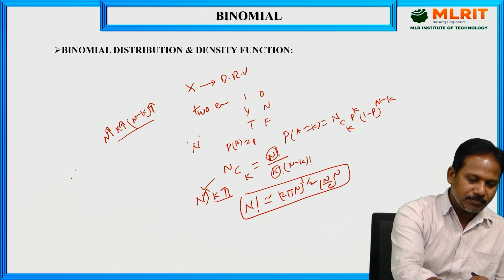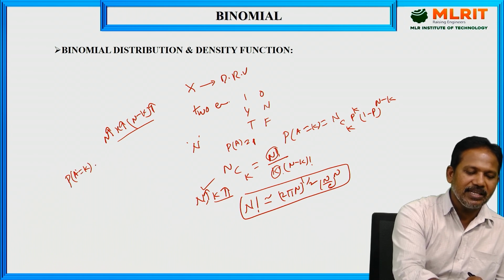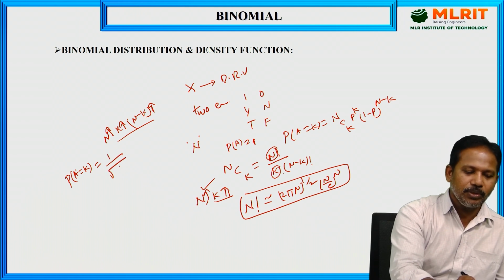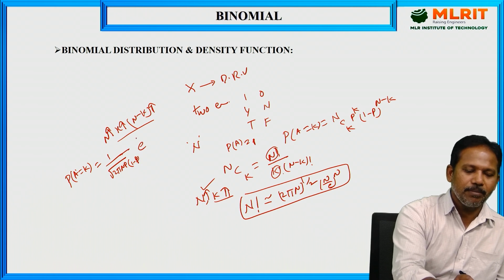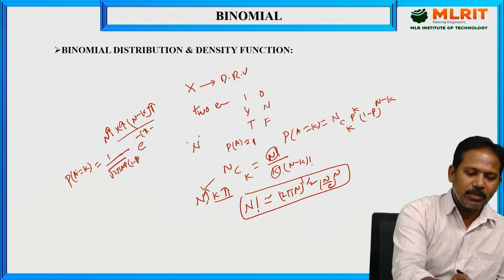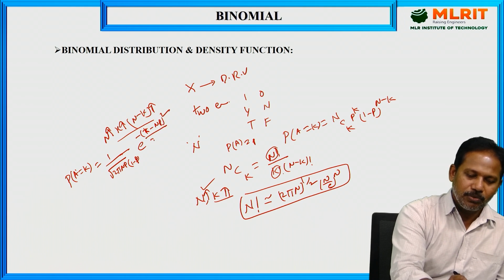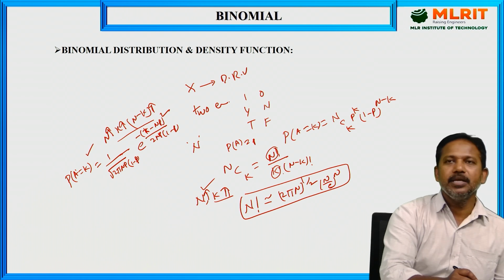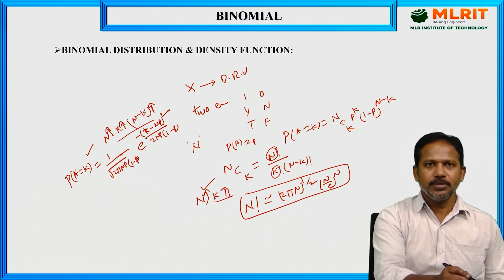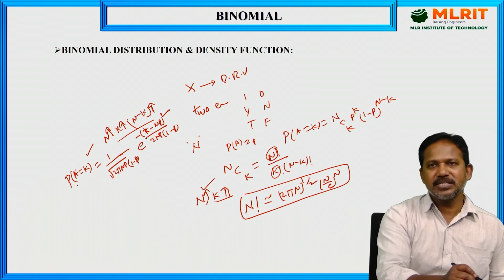That is, the probability that event A occurs exactly k times is equal to 1 by square root of 2 pi np into (1 minus p), into e power minus of (k minus np) whole square by 2 np into (1 minus p). So this is the de Moivre Laplace approximation for finding the probability that event A occurs exactly k times.